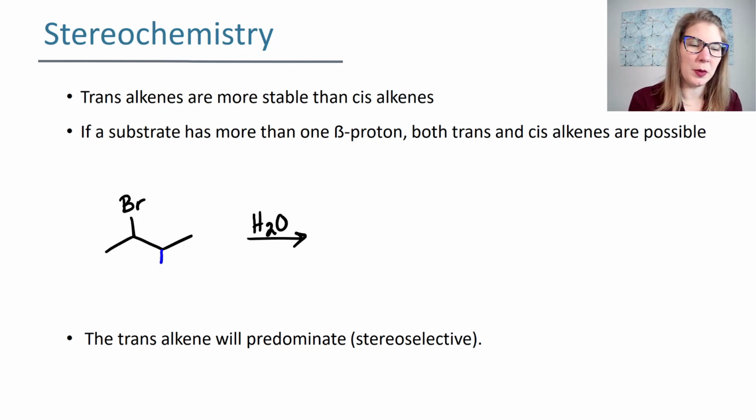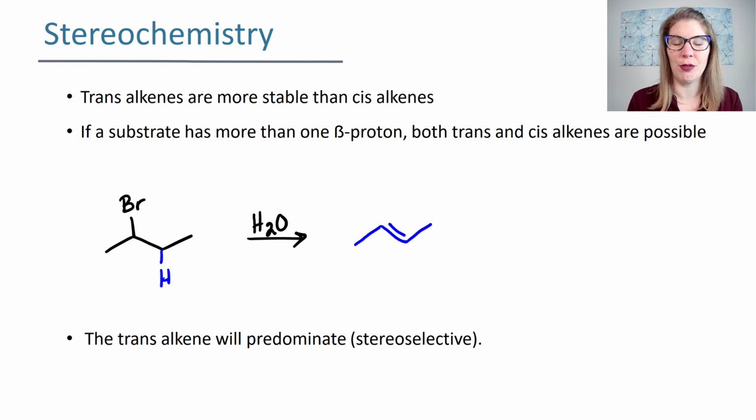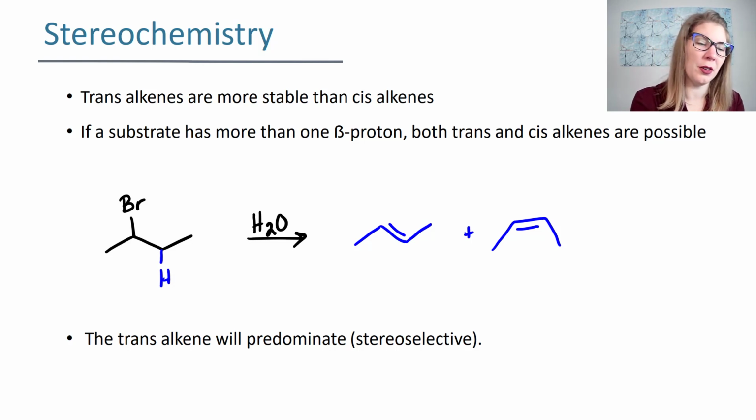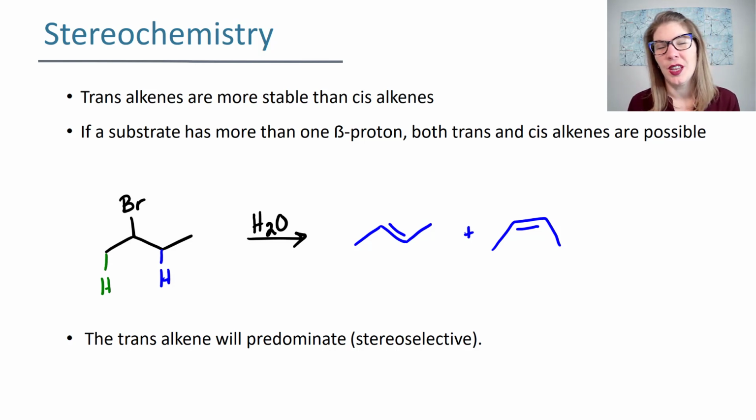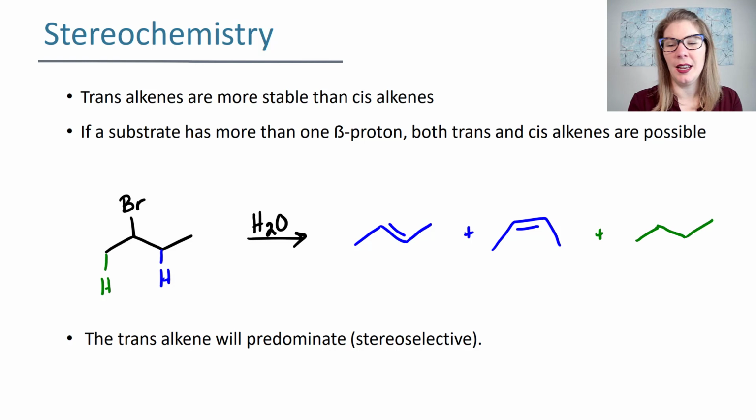So if we look at this position, we could pull off this proton and actually get both the trans and also the cis product. In addition to that, we could technically also pull off this proton, but then we'd be talking about regiochemistry. If we talked about regiochemistry, we would end up with this product if we pulled off the green proton.